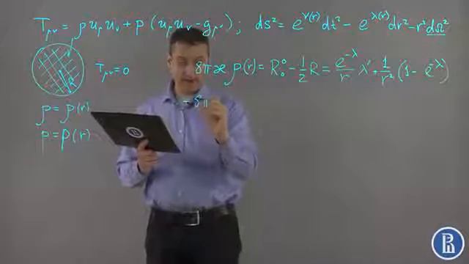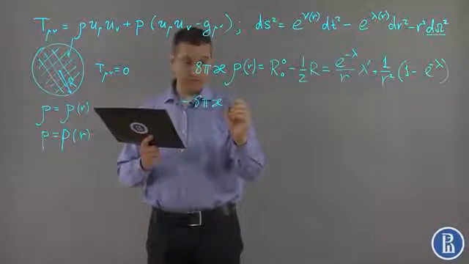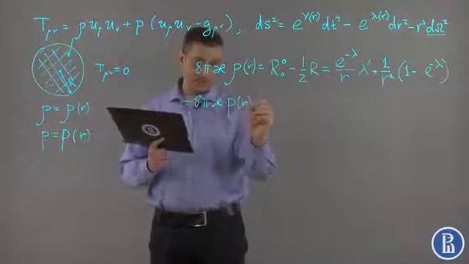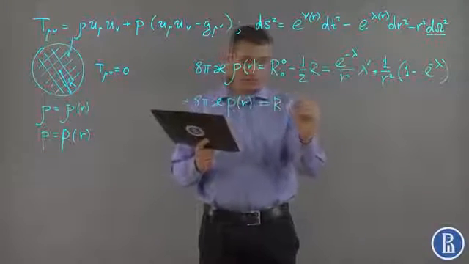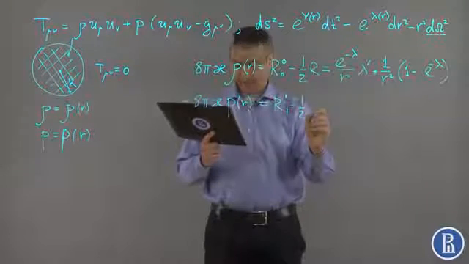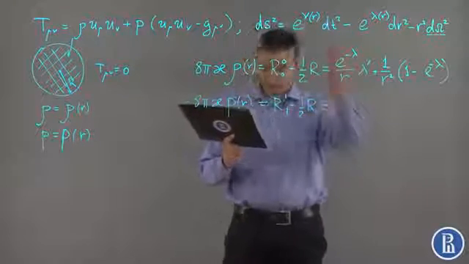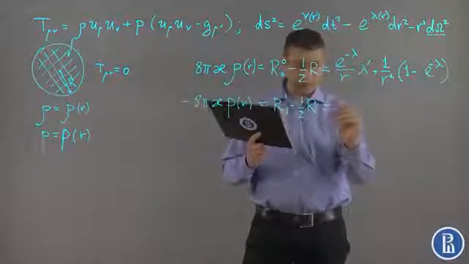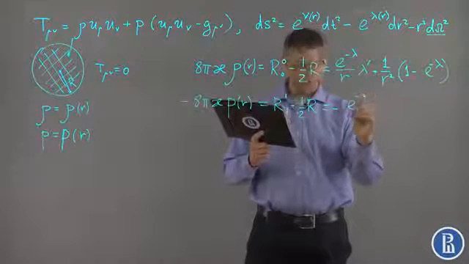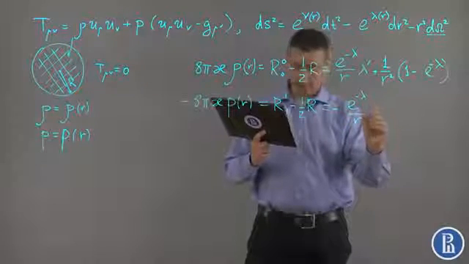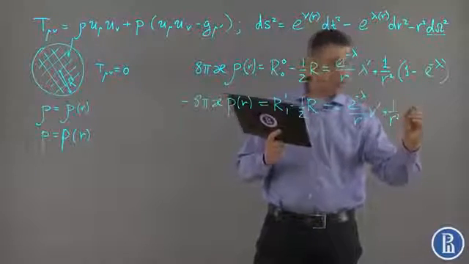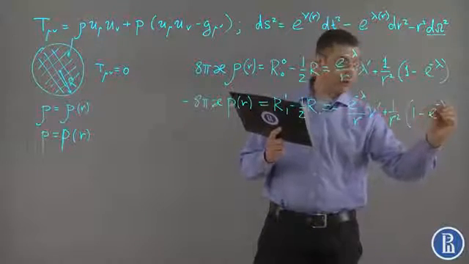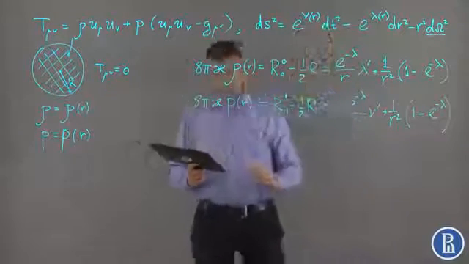8πκ p(r) is equal to R_{11} − (1/2)R, which again for this metric ansatz is −(λ/r)ν' + (1/r²)(1 − exponent of λ).